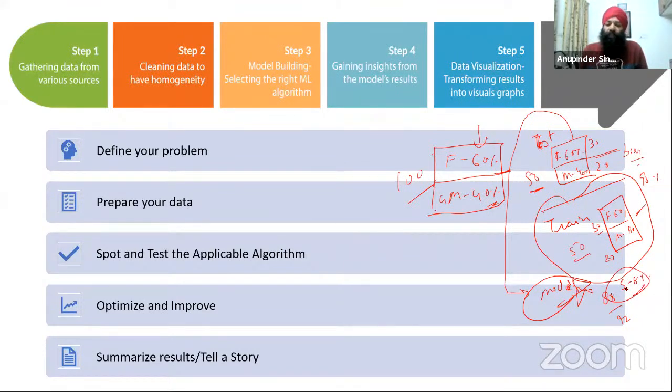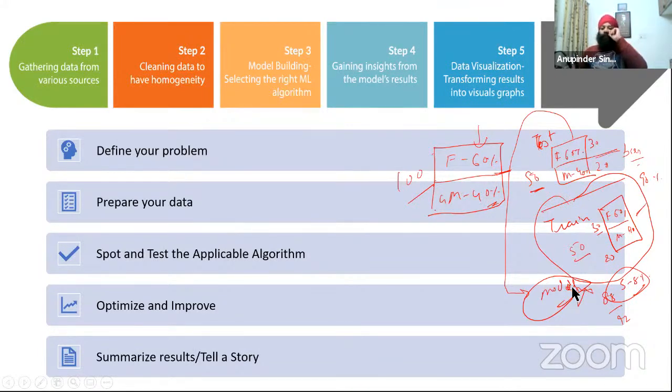If it is more than this, that means your model is overfitting or underfitting to that particular data. So this is a standard approach followed while splitting and testing the applicable algorithms, as well as preparing the data, so they go hand in hand, right?